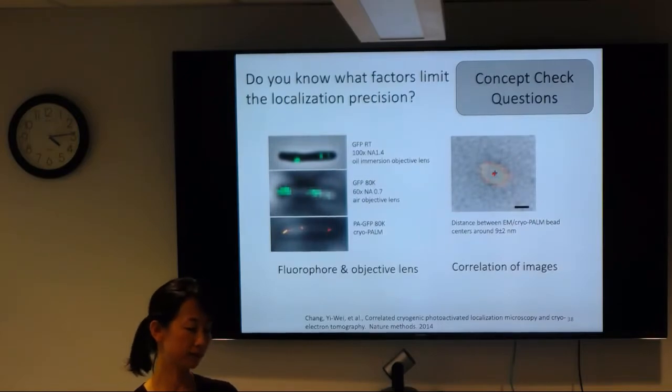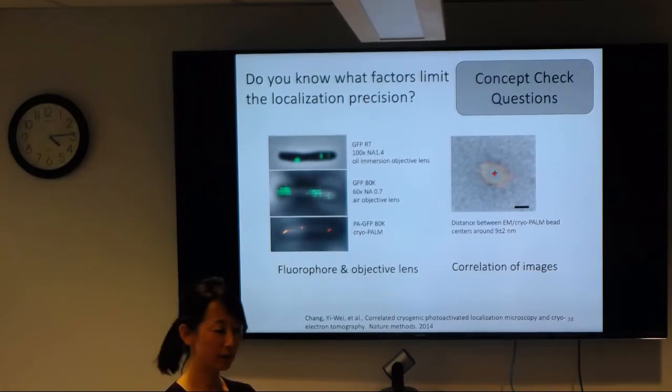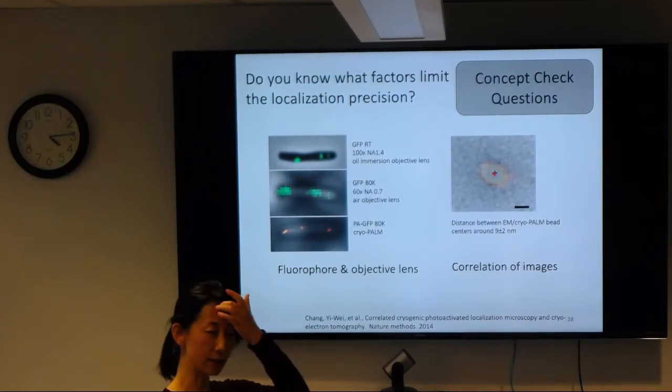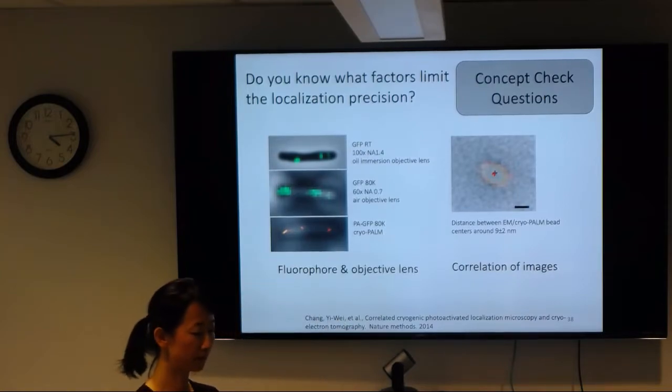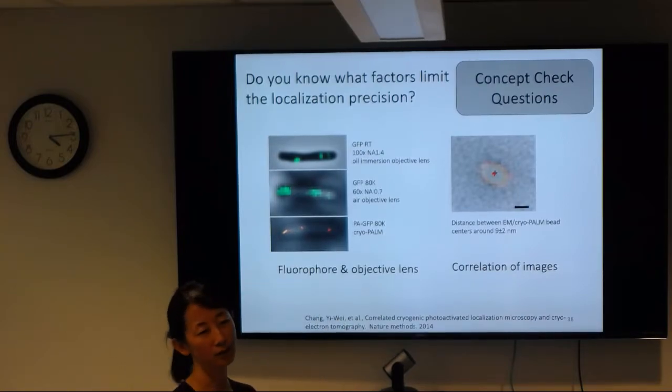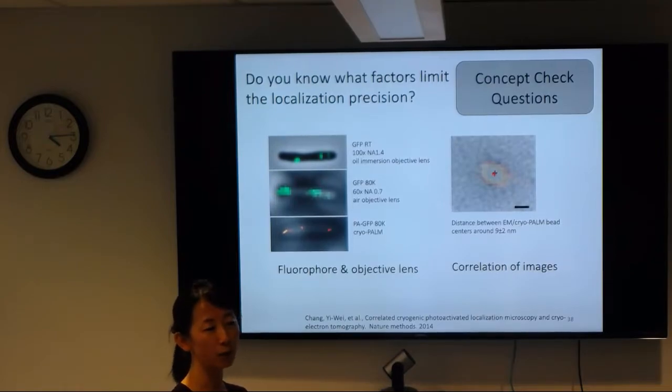So the bonus question: the factors limiting correlation or localization precision. It's basically the resolution of the image, and also you're correlating an image taken from a light microscope versus an electron microscope.